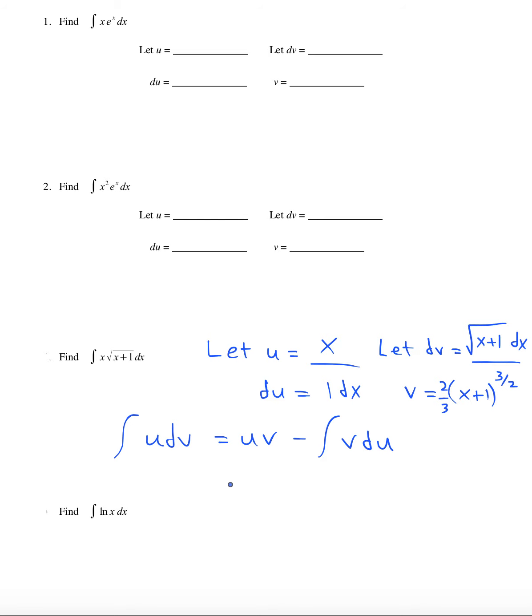So our x goes here. We'll have 2/3 x plus 1 to the 3 halves for v, minus an integral of 2/3 x plus 1 to the 3 halves dx.